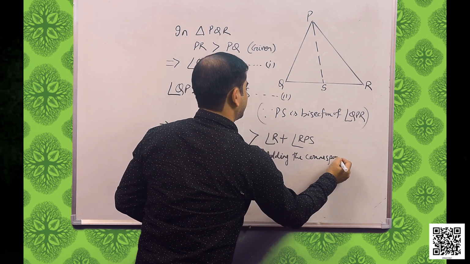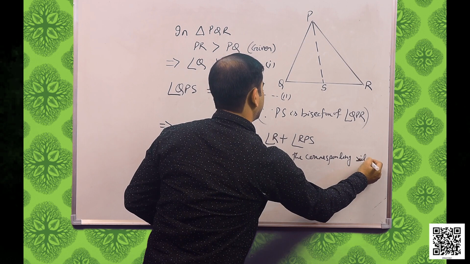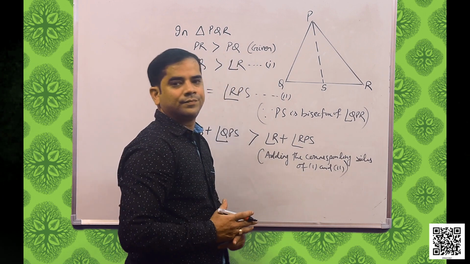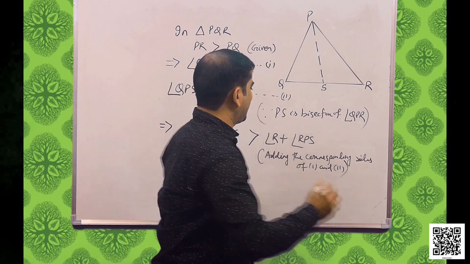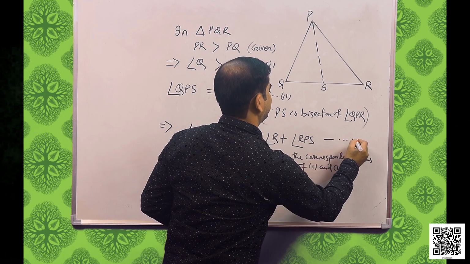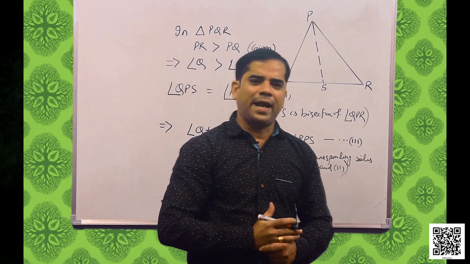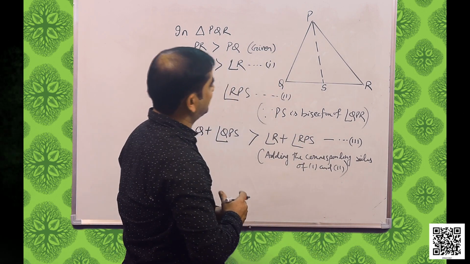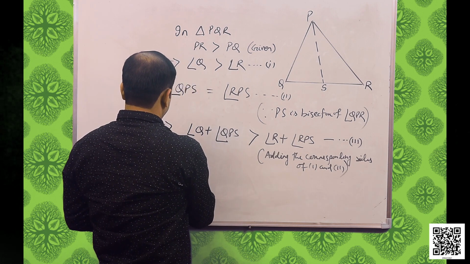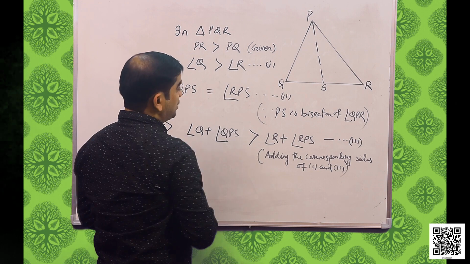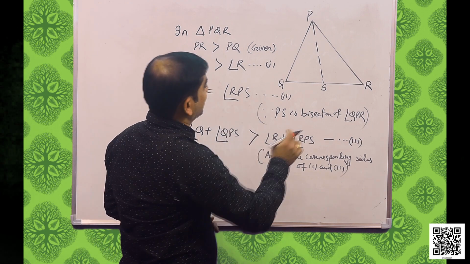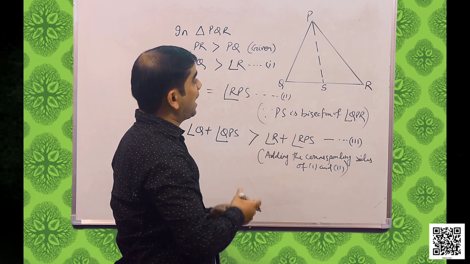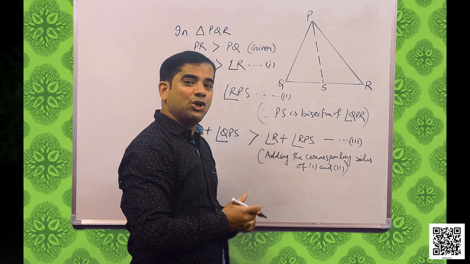Let me mark it as 3. Now, angle PSR is equal to angle Q plus angle QPS, isn't it? Angle PSR is equal to angle Q plus angle QPS.